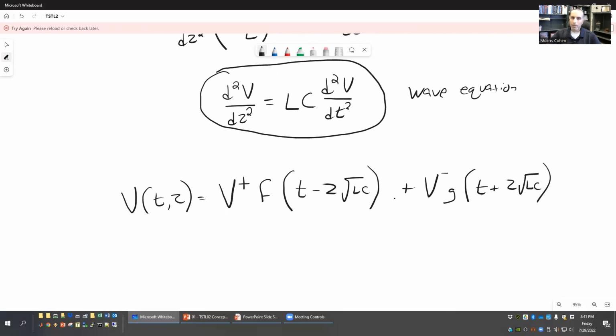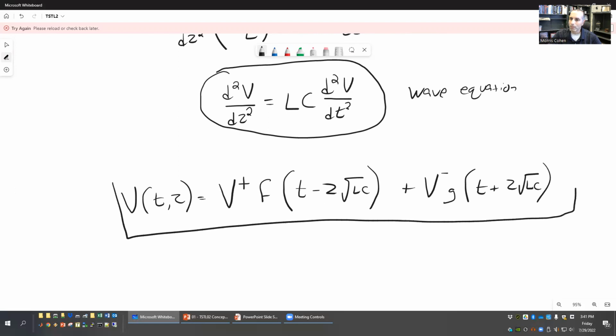Any solution that solves the wave equation is going to fit into this form.